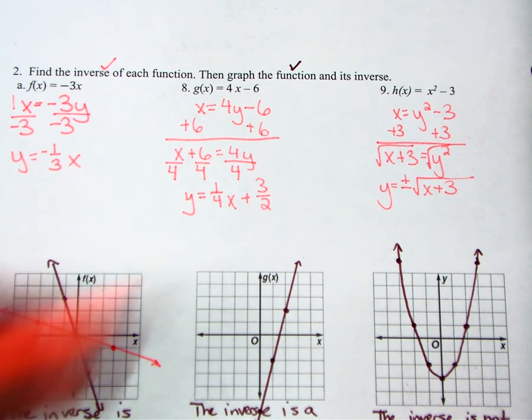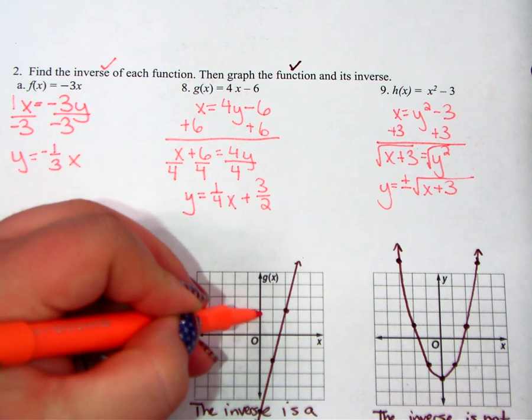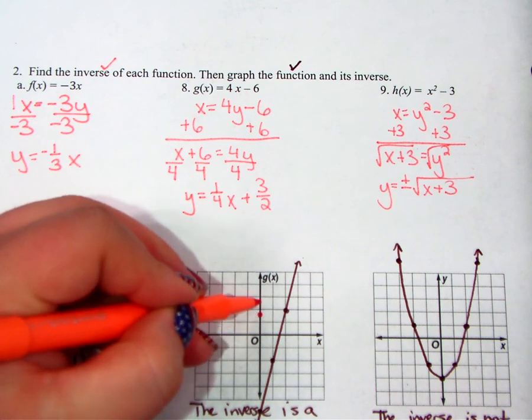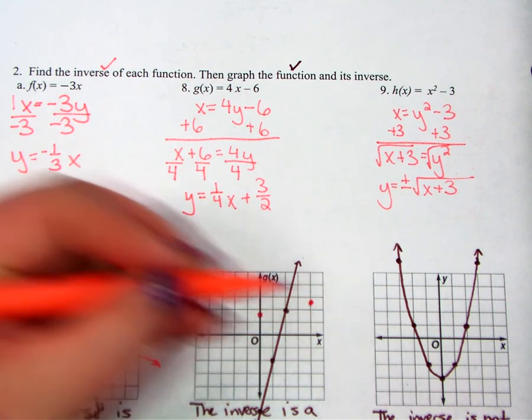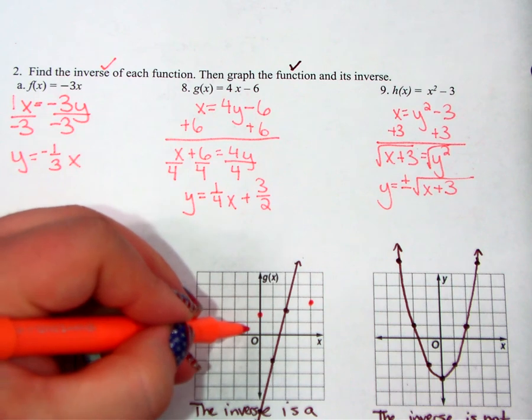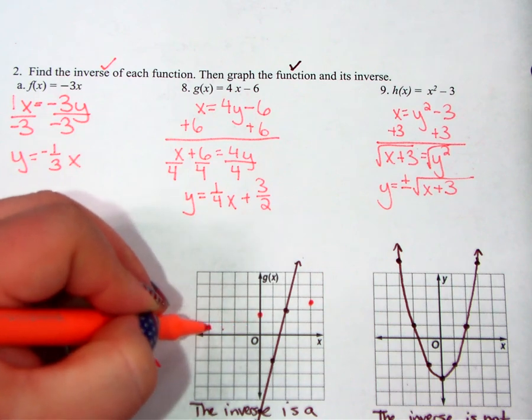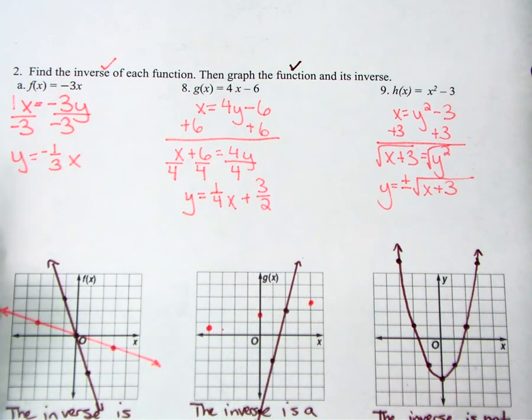Graphing the next one, the y-intercept is 3/2 or 1.5. Up 1 over 1, 2, 3, 4. Down 1 over 1, 2, 3, 4.